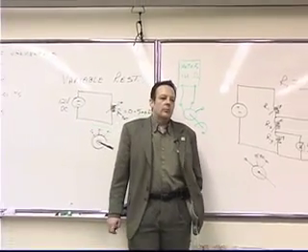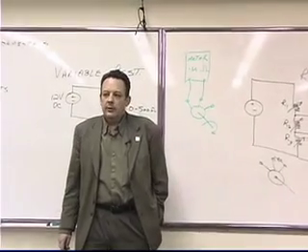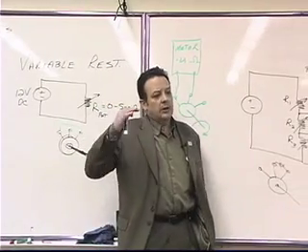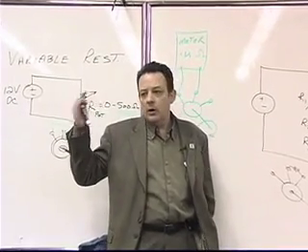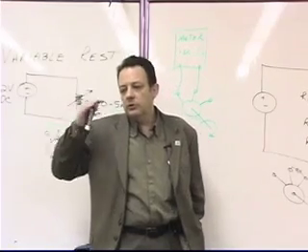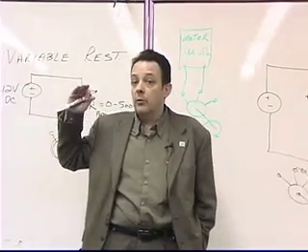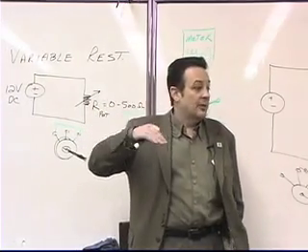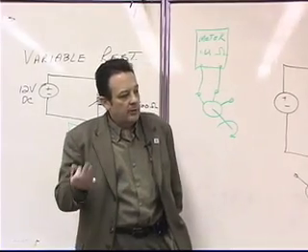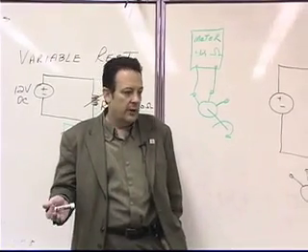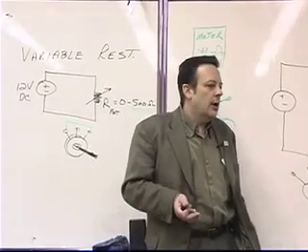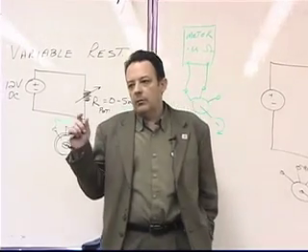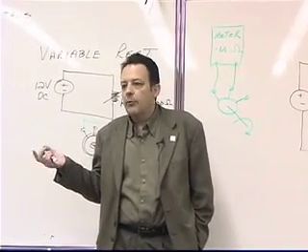Okay. Now, the main difference between the potentiometer and the rheostat is simply that once you get to a certain power level, and it depends on what company you're buying it from, but once you start to get to a certain power level or power rating for the potentiometer, then it's going to change names. And instead of calling it a potentiometer, they're going to call it a rheostat. So generally, you will not find rheostats that are rated at very small power ratings, you know, like half a watt.